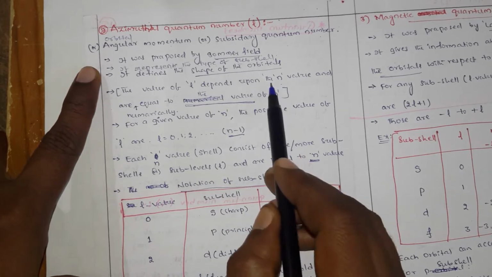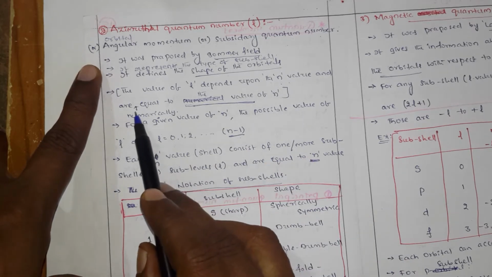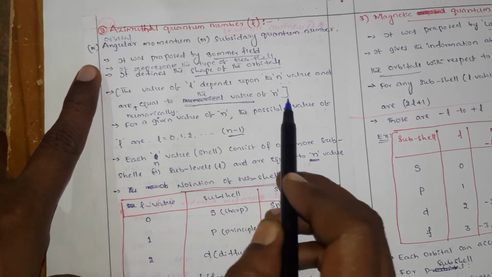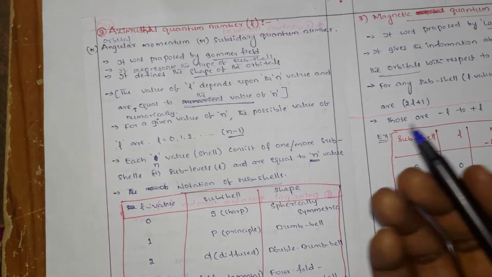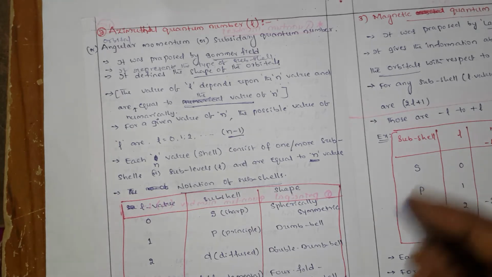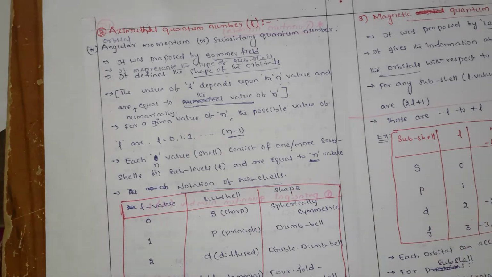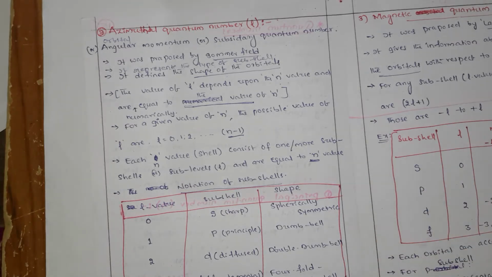But before going to that, the value of L depends upon n, obviously, because L is a subpart. The L values always depend upon the n value and are numerically equal to the value of n. If n is equal to 1, the total L's are only 1. If n is equal to 5, the total L values are 5. If n is 6, the total L values are 6.